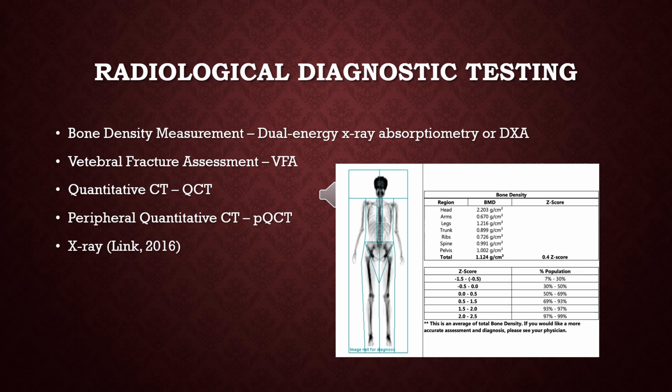It provides 3D images that can be used to assess bone density at several sites, including the spine and hip. A variation of the QCT is the peripheral QCT. This focuses on sites that are peripheral in the body, such as the radius and the tibia. It again assesses bone density and structure in these regions.